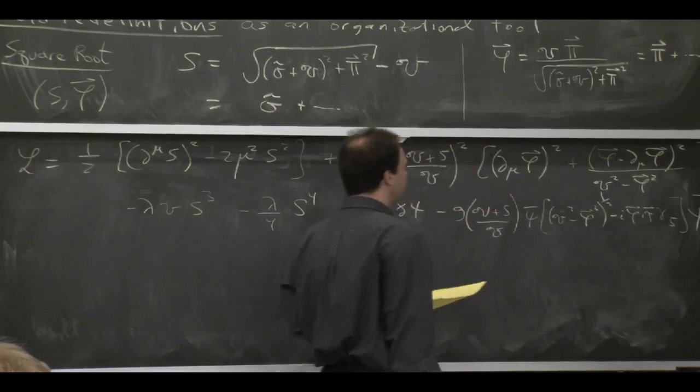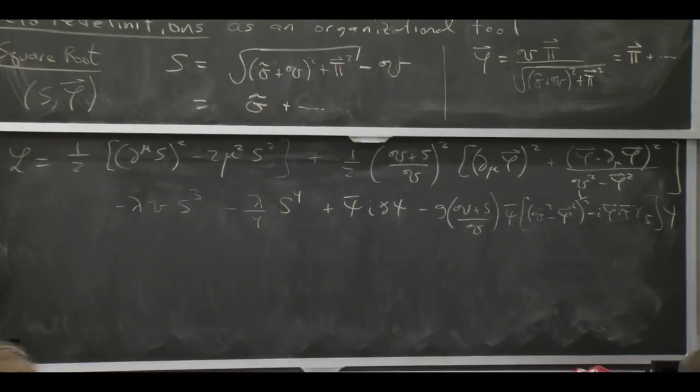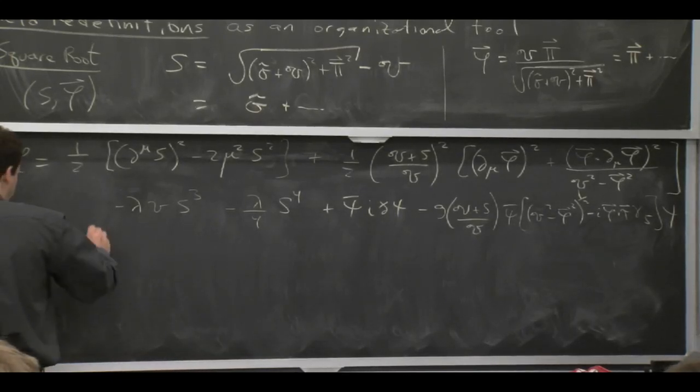Okay, so that's something you don't want to do more than once. Okay, so that's one possible way that we could deal with the effective theory, in terms of these variables S and phi. Let me write down a couple other ways, and then we'll talk about which we might pick.